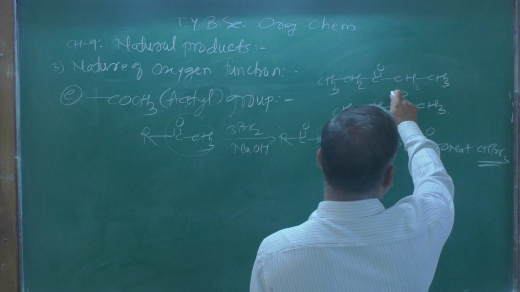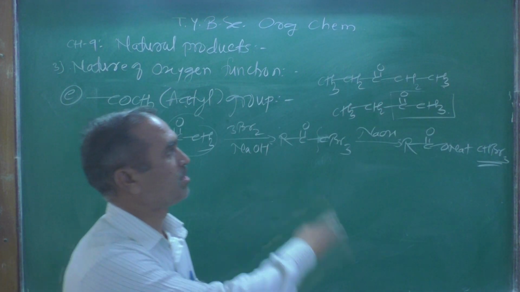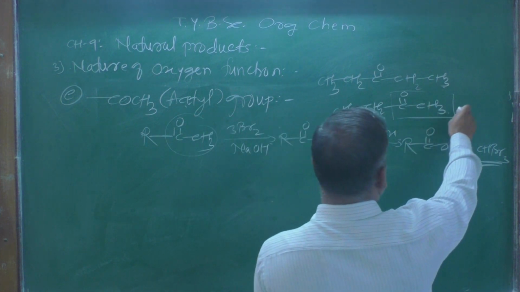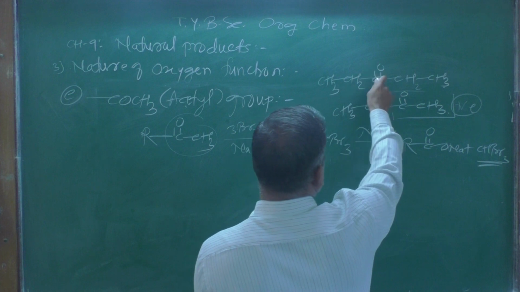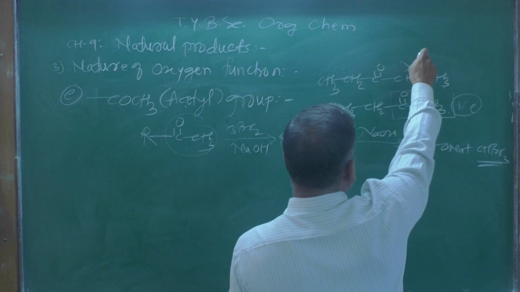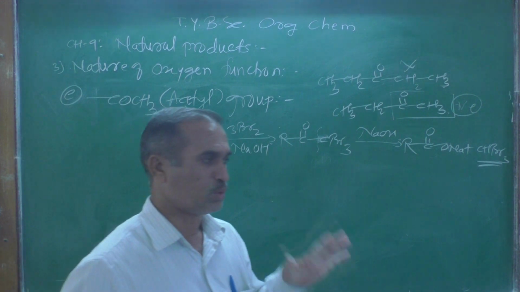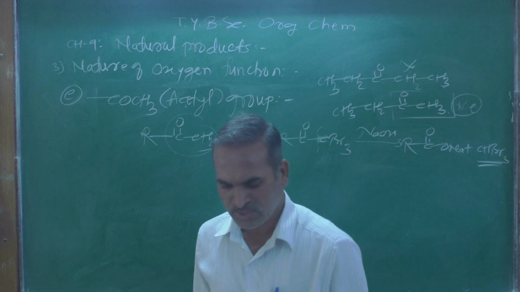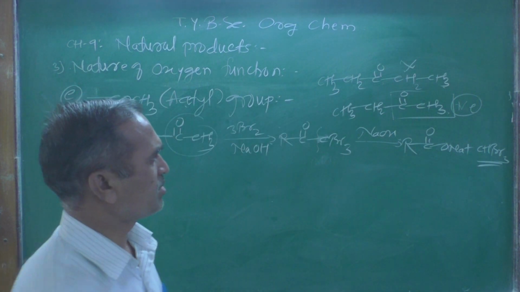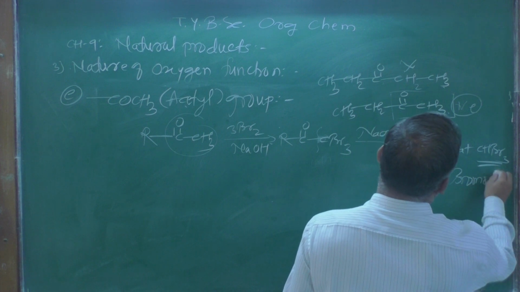Those groups having a terminal or initial C double bond O CH3 will give the haloform test. Here there is no acetyl group present, therefore the above compound does not give this test. This is a bromoform, right?